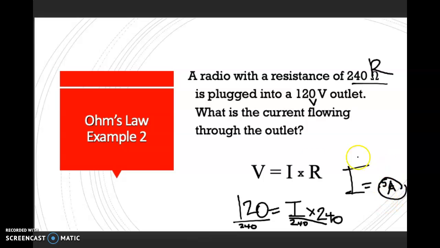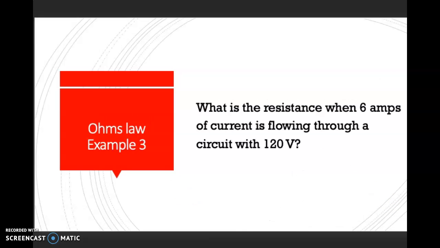Okay, and then finally, my third example. What is the resistance when 6 amps of current, so that's my I value, is flowing through a circuit with 120 volts? That's my V. Now here I don't have my equation. I'm going to have to look it up.